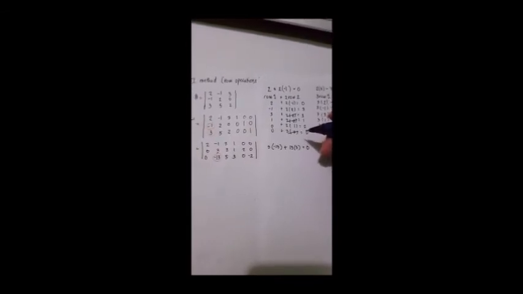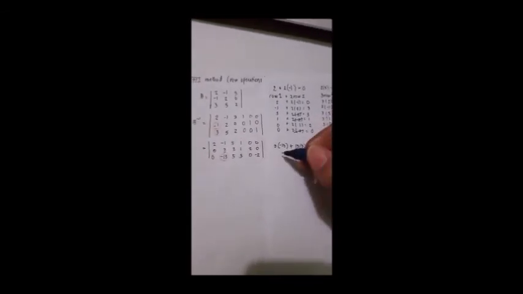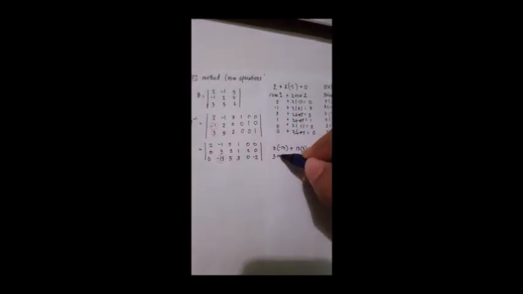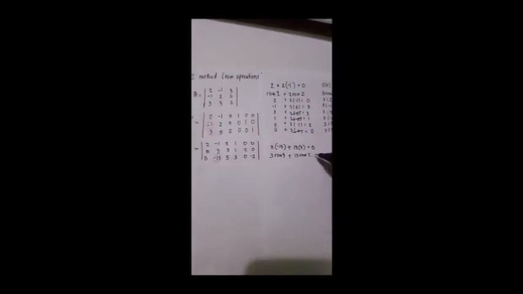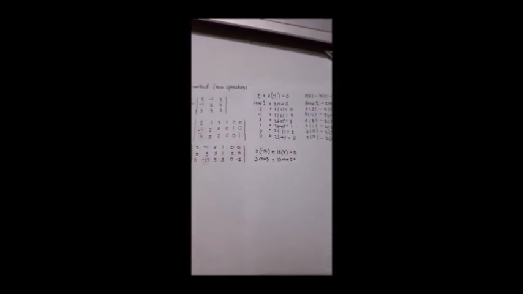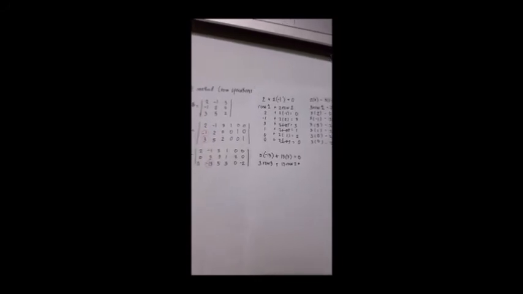So, that makes it 3. Yung 13 galing sa row 3. So, that is 3. Row 3 plus 13 times yung 3 galing sa row 2 is equal to, so that will be our guiding equation. So, 3 row 3 plus 13 row 2.